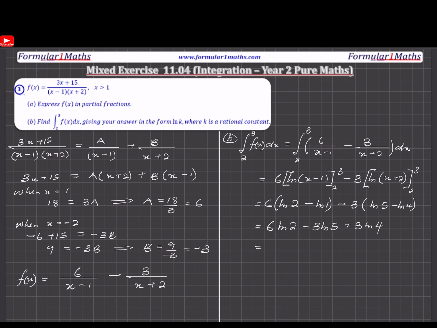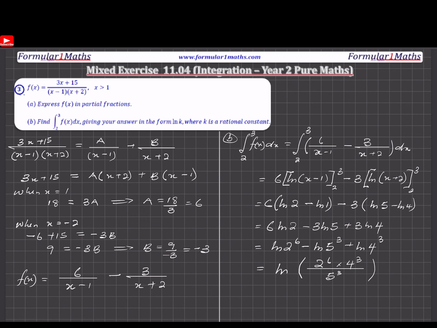That will be equal to, using the laws of logs, ln 2 to the power 6 minus ln 5 to the power 3 plus ln 4 to the power 3. And using the laws of logs again, I'm going to get ln of 2 to the power 6 times 4 to the power 3, all of that over 5 to the power 3.